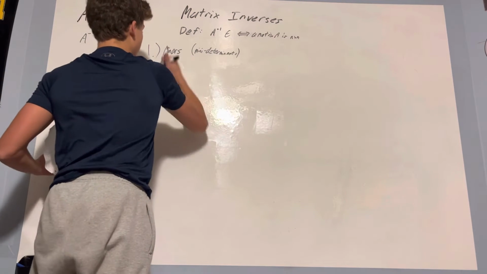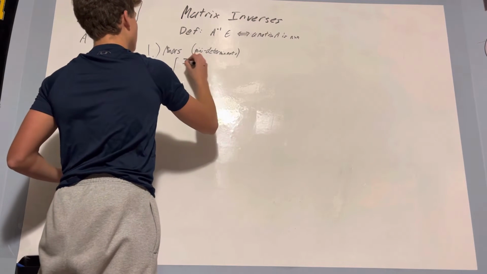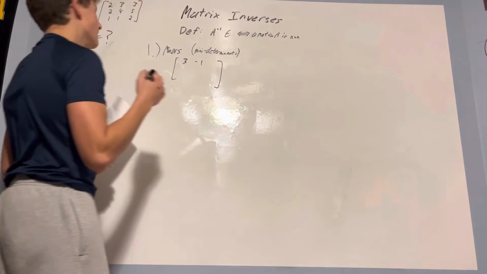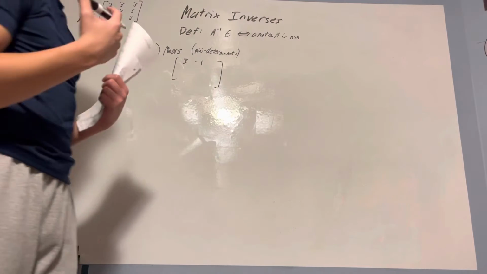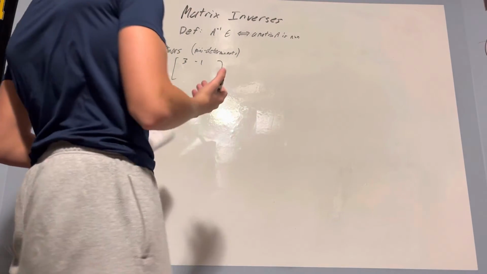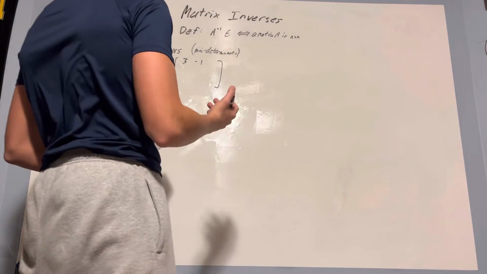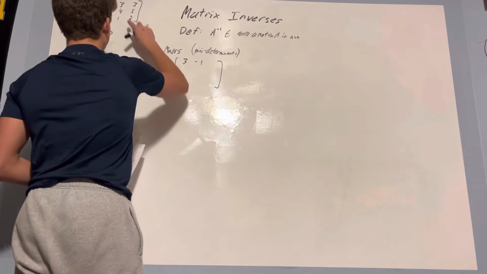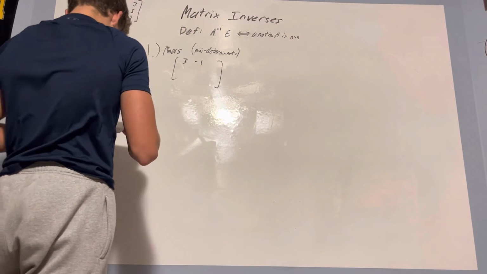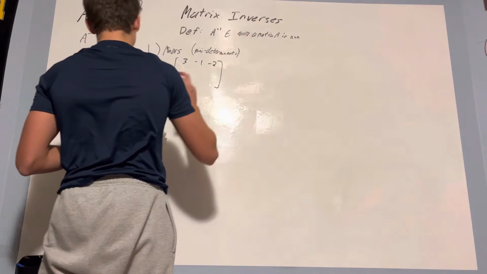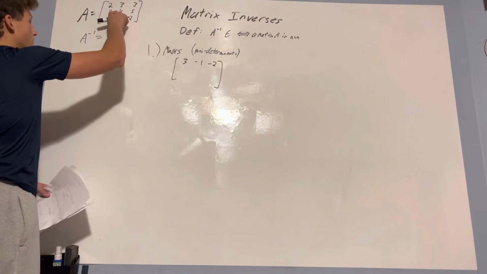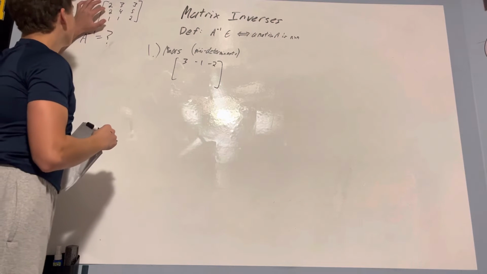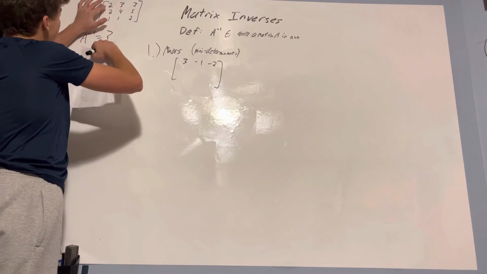So I'm writing crooked again. So 3, negative 1. And also A inverse will be the same n by n matrix. So if A originally is a 3 by 3 matrix, A inverse will be a 3 by 3 matrix. Now we'll do the same thing. I'm just gonna write down what we got here. Now let's look at the second 2 down there.